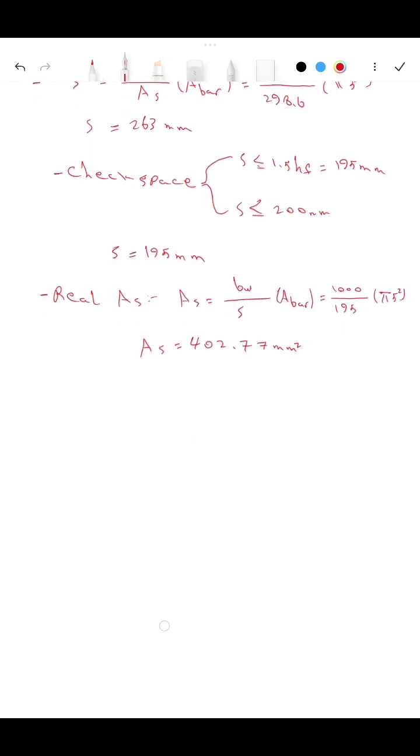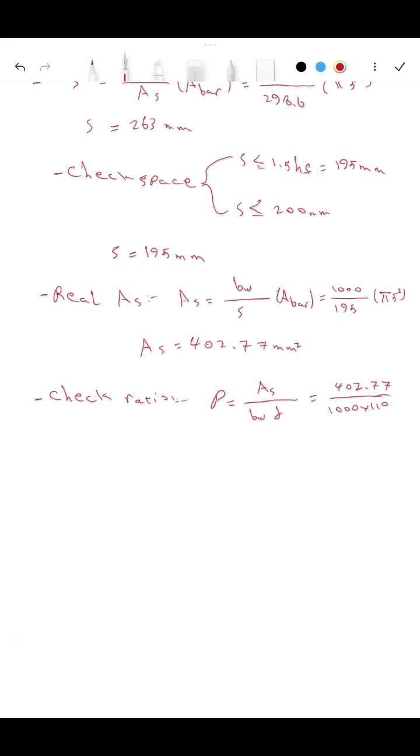Okay, now we will have the last check, which is check for reinforcement ratio. The ratio equals AS divided by BW times D. So area of steel equals 402.77 divided by 1000 times 110.